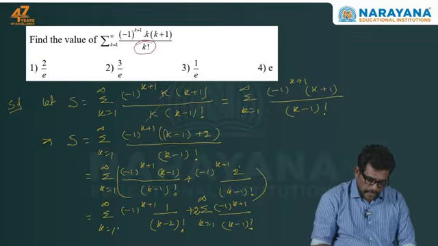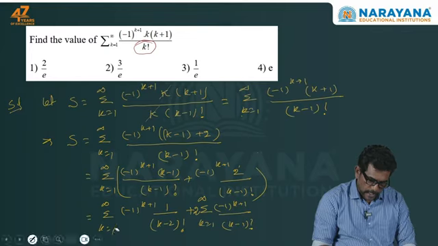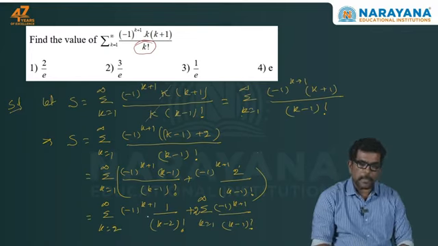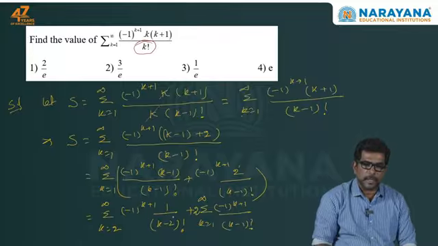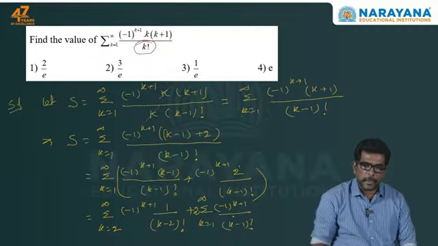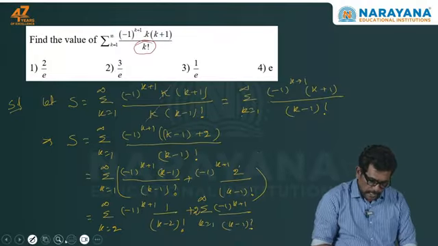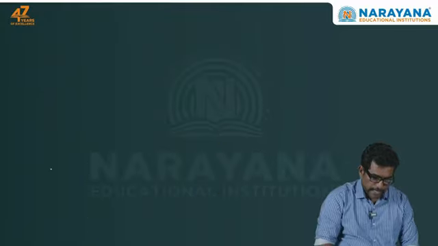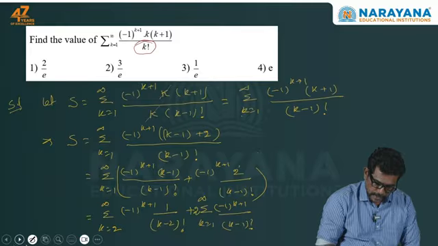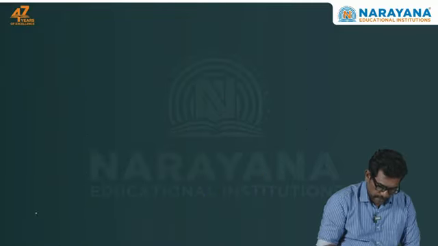That's why here we are going to rewrite the k values from 2 to infinity: (-1)^(k+1) upon (k-2) factorial, plus 2 times summation k equals 1 to infinity of (-1)^(k+1) upon (k-1) factorial. Separately, I am going to write this one as you see there.